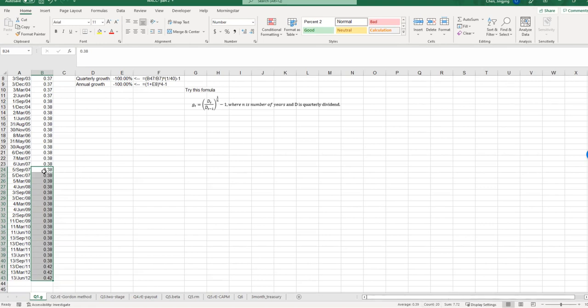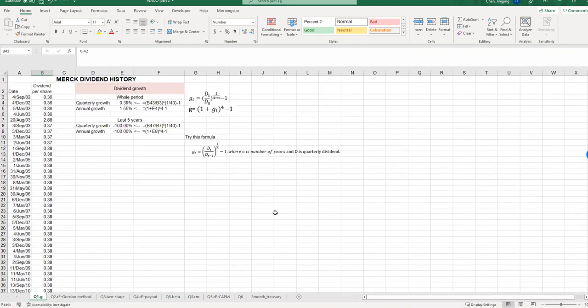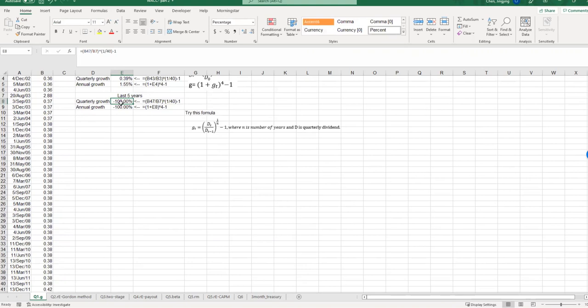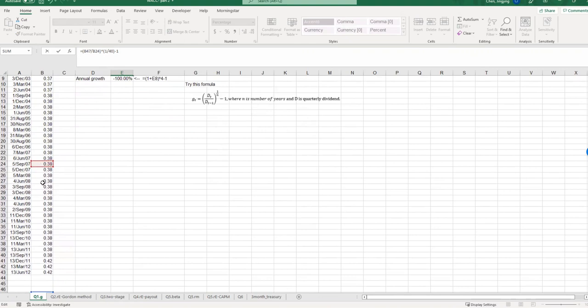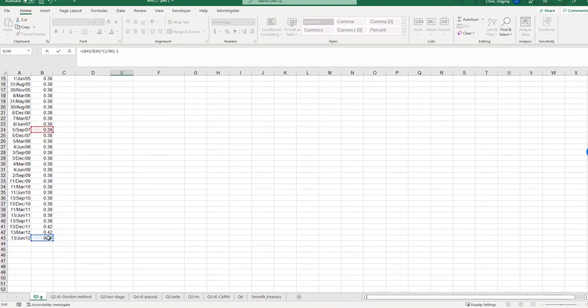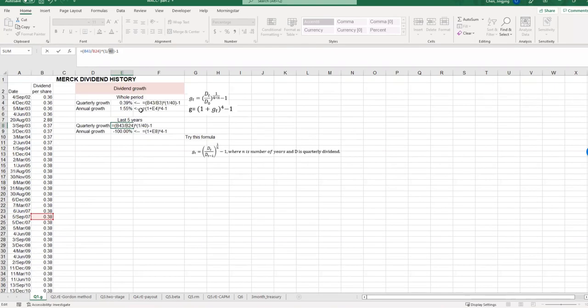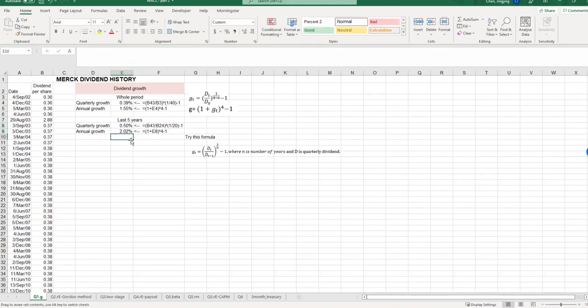So I should go from row 24 to row 43. Since I'm including 5 years only, 4 times 5 should be 20. And this is correct. So I'm going to try to use this model directly.